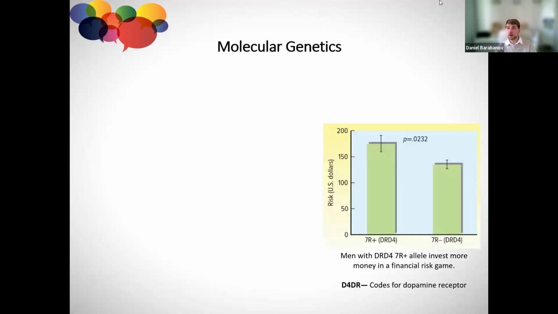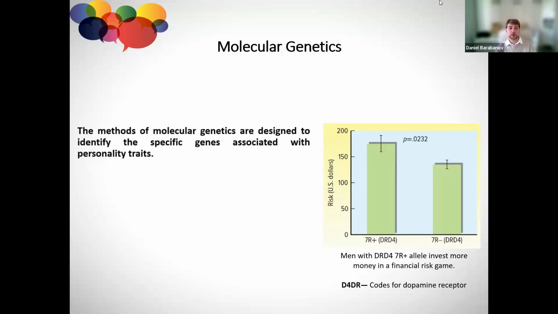And finally, I wanted to share with you some interesting results from molecular genetics. It's the newest field in genetics, connected with the huge advancements we have in technology. Molecular genetics methods are designed to identify specific genes associated with personality traits. So nowadays we are not only able to say, oh, it's 50% dependent on that and 50% dependent on that.